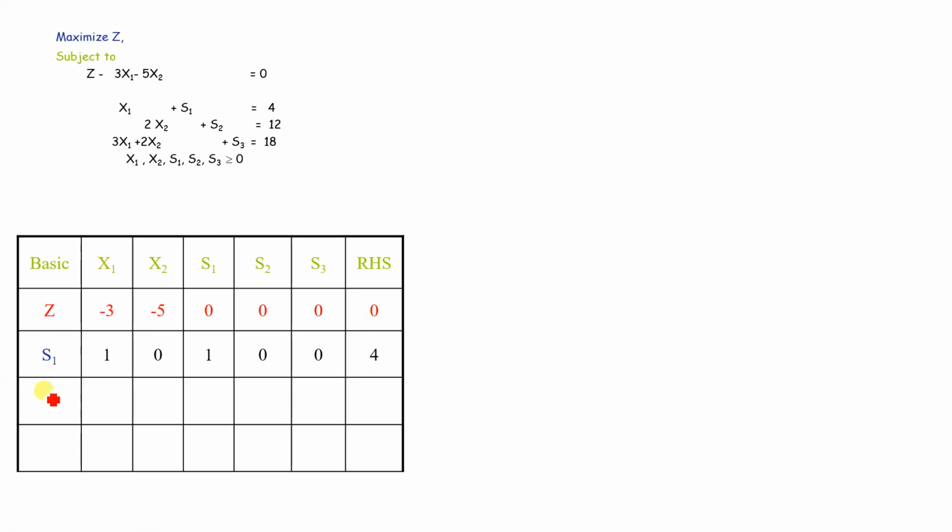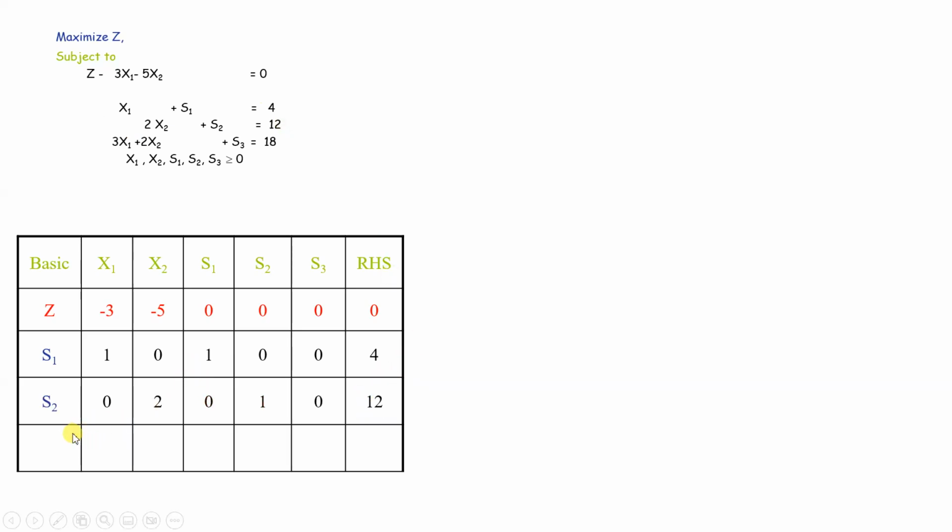Similarly, we can write the S2 equation. The coefficient of x1 here is 0 because there is no term with x1. So 0, 2, and since S1 is not present, 0 for S1, and S2 is 1, the coefficient of S3 is again 0, and the right hand side is 12. All right.